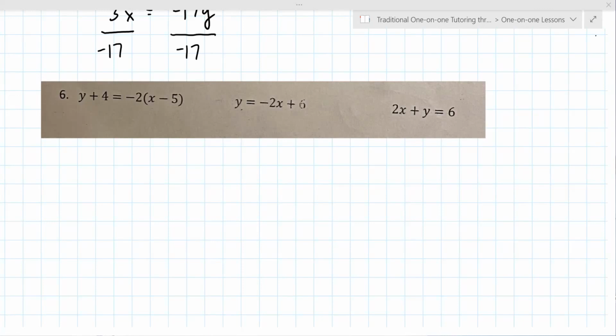It matches the third one. Okay, so well, it can't match yet, because you have to simplify them. The third is y equals -2x plus 6.